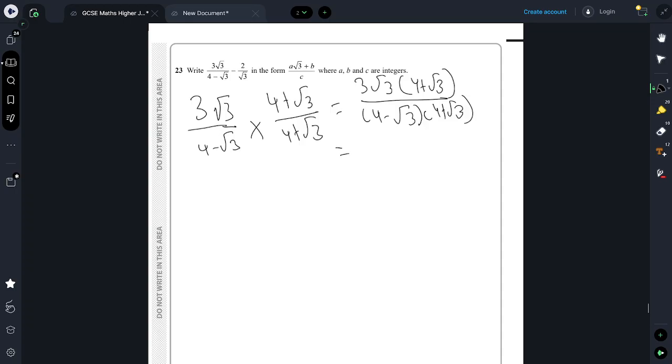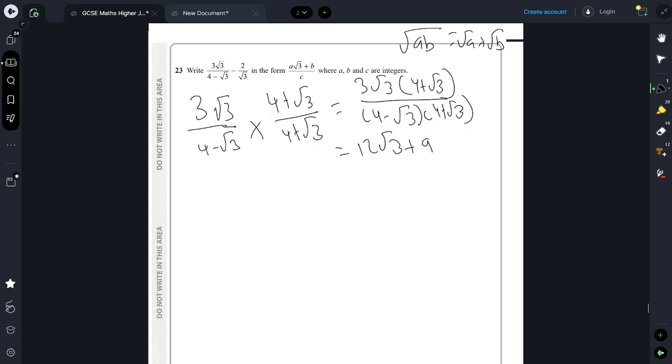And I'll show you why this works in a minute, but that's the method. Obviously, 3 times 4, that's 12 root 3 plus 3 root 3 times root 3. So remember, root AB is root A times root B. Root 3 times root 3, so root 9, which would just be 3. Times 3, so that'd be 9.